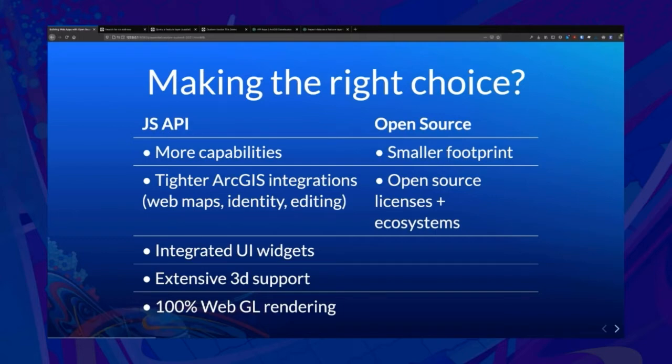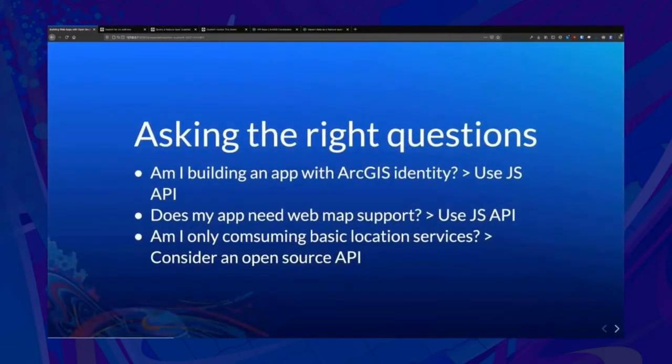Some additional questions to ask: if you're building an app that utilizes authentication through ArcGIS Online or ArcGIS Enterprise, and you're heavily making use of that identity to access items and content and share things, or if you need web map support, those are both great reasons to use the JavaScript API. But if you're only consuming the basic location services, then these are going to be a good option for you, and it might be worth considering using one of these open source APIs.